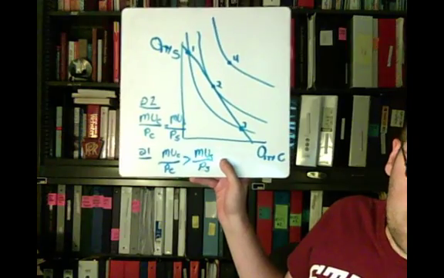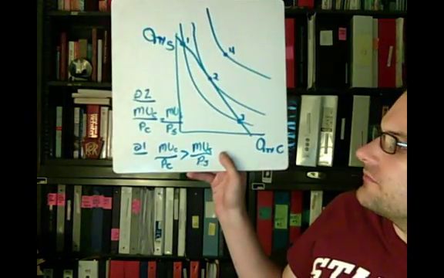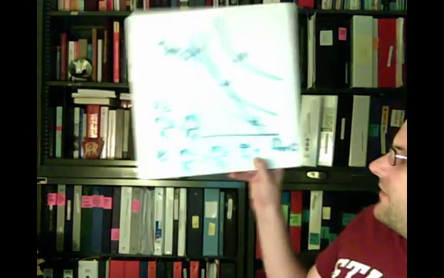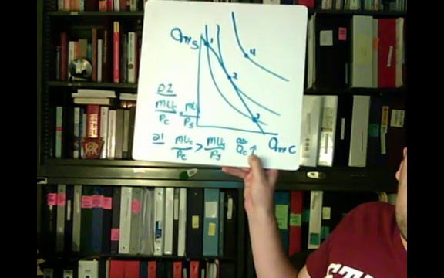So what would I do? I'd buy more crest, right? Because I get more happiness per dollar spent. Now, as I buy more crest, as the quantity of crest rises, what do we know happens? That the marginal utility of crest falls. Now we're going to presume here that prices are not changing at all.